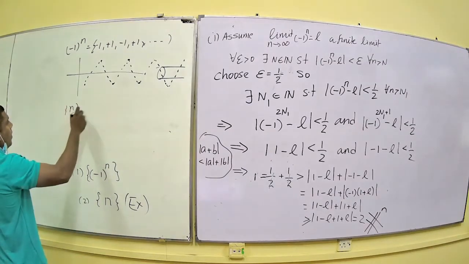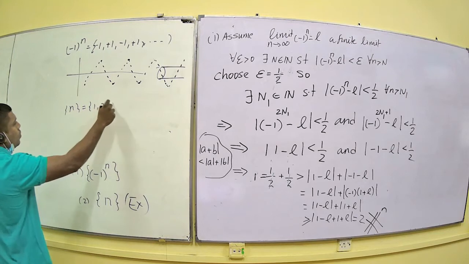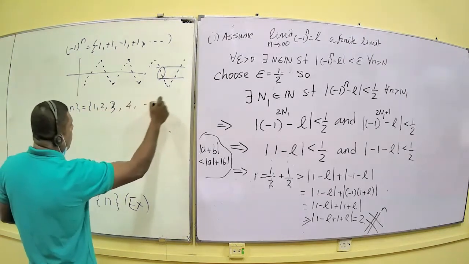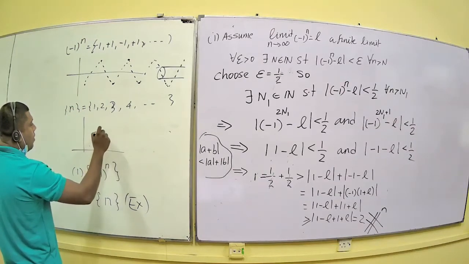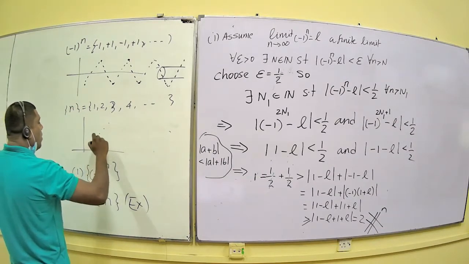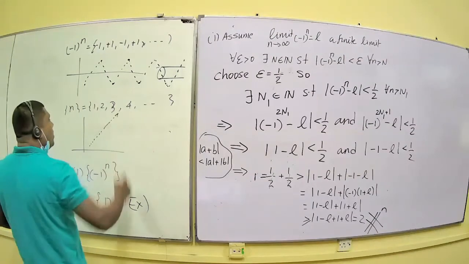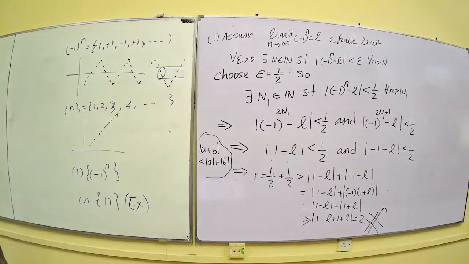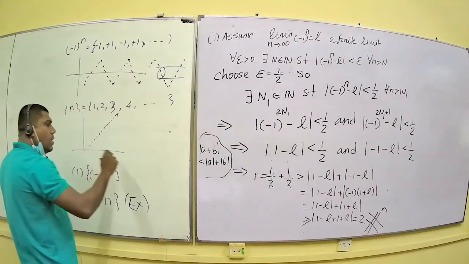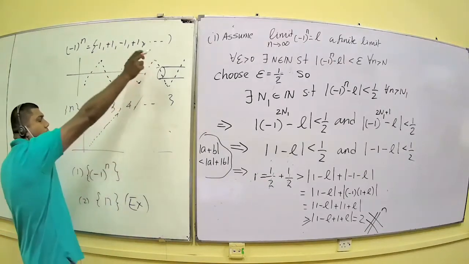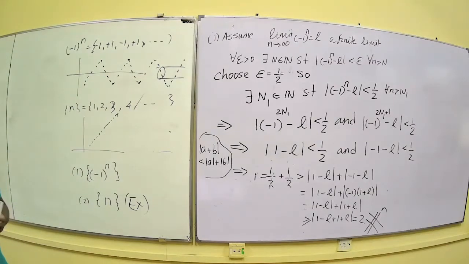Now the other sequence, n. You all know this is basically 1, 2, 3, 4, 5, and it keeps on going like this. You cannot find a place because as long as n increases, this keeps on growing.